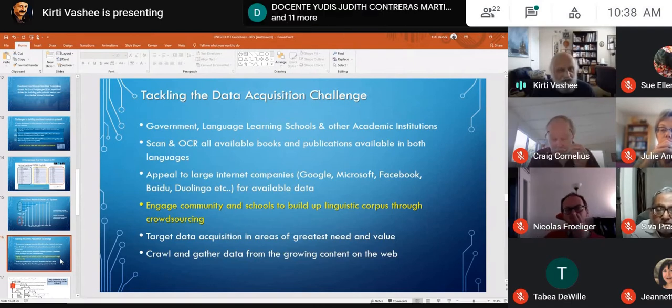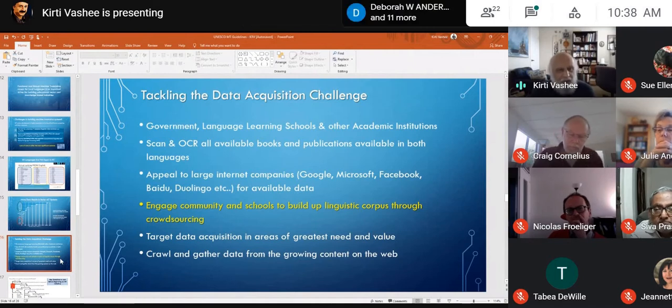The more successful countries in being able to engage the community and the schools in building up linguistic corpus, through a volunteer crowdsourcing kind of effort, the more likely it is you can start building up enough corpus to build MT systems for these what are called low resource languages.